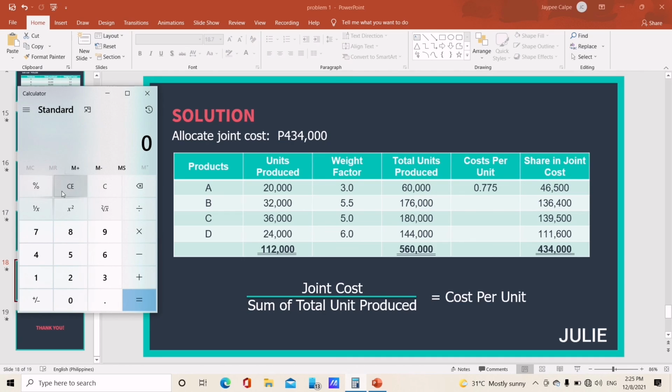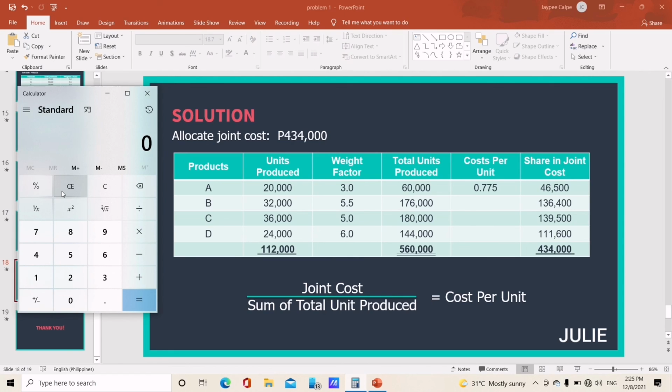So the joint cost is 434,000 divided by the sum of the total units produced, which is 560,000. We will get 0.775 as cost per unit.